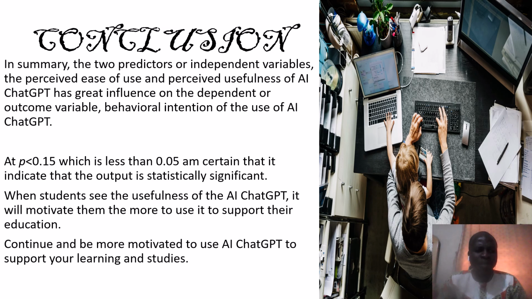At p less than 0.15, which is less than 0.05, I'm certain that it indicates that the output is statistically significant, meaning that when students see the usefulness of AI ChatGPT, it will motivate them the more to use it to support their education or their learning.